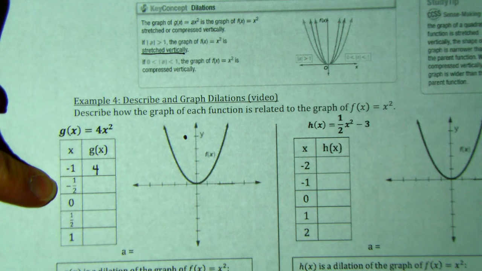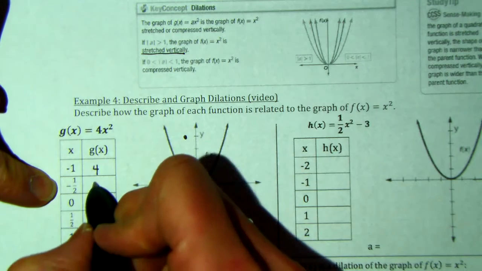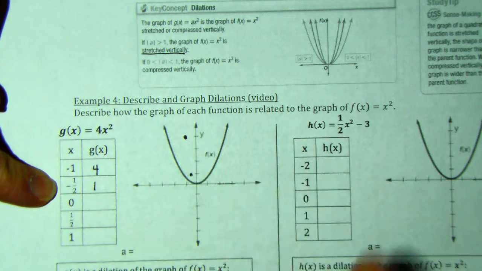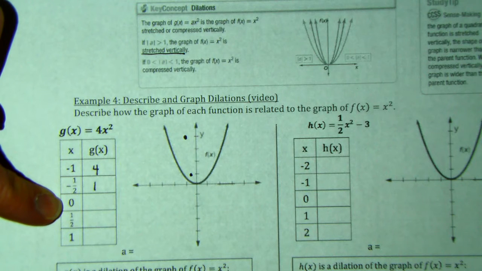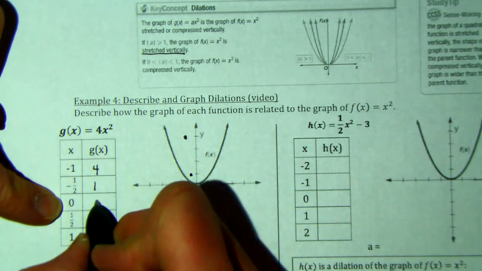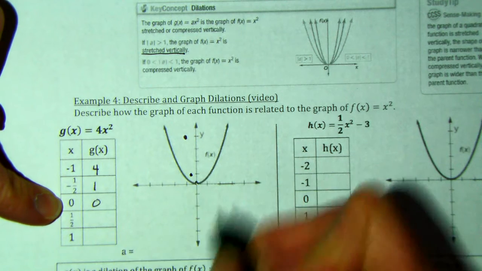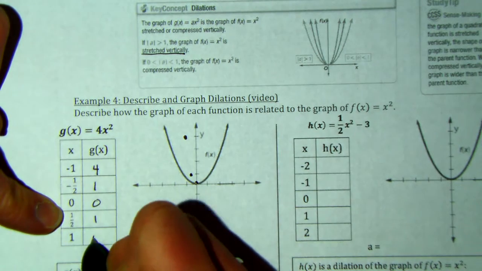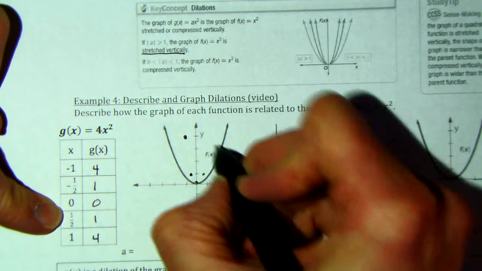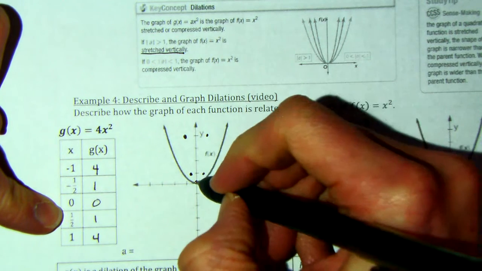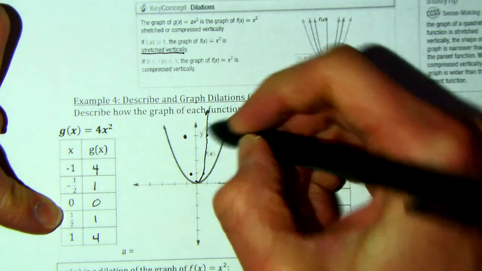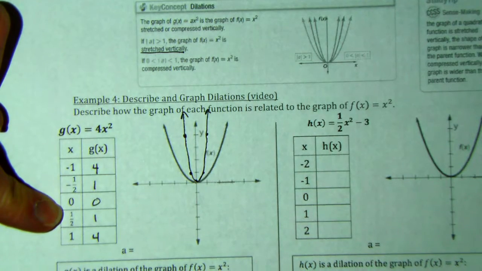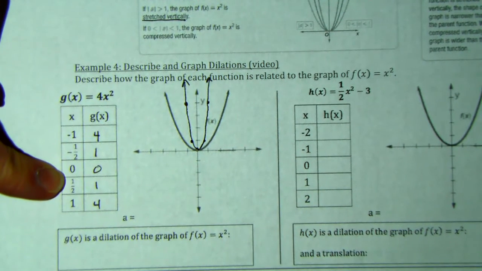That's halfway between there. 0 is going to be, in this case, 0. So that didn't move because we don't have an h and a k, right? And this is going to be 1 and this is going to be 4. So it gets stretched. And I'll put in here skinny.